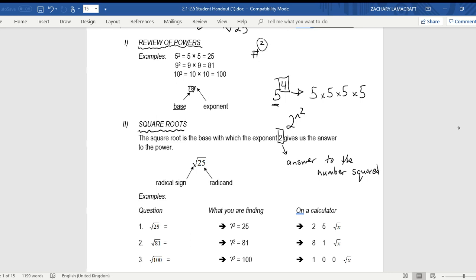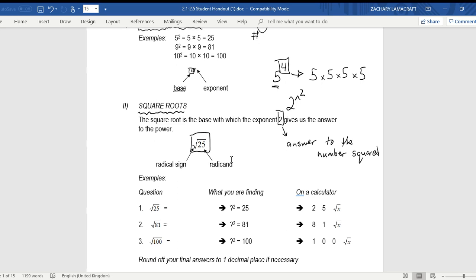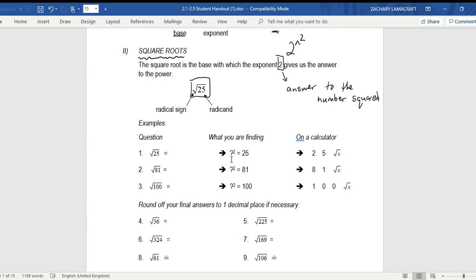So in this case, if we have the square root of 25, we need to find the number that is equal to that squared. And when we type that in on our calculator, it kind of just does it for us. So on a calculator, if I put the square root of 25, it would equal 5.